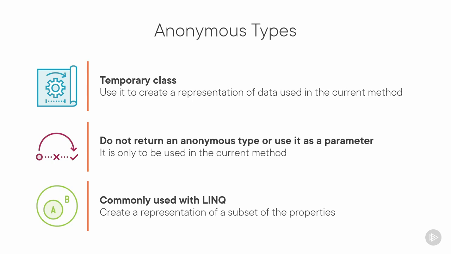There are some good use cases for anonymous types. For example, say that you have a collection of data where you first want to apply a filter, then order, and finally get a new, less complex representation with only a subset of the properties.